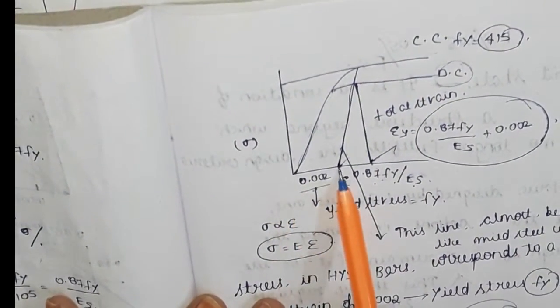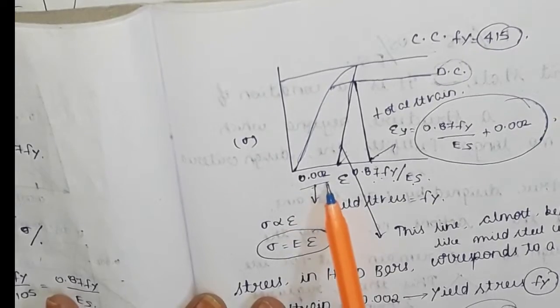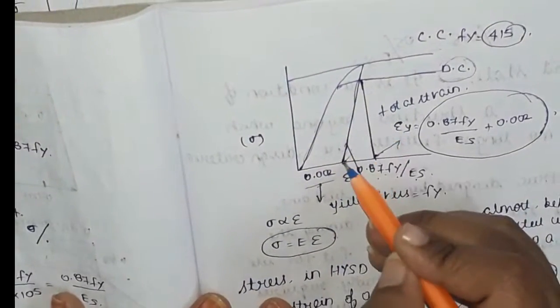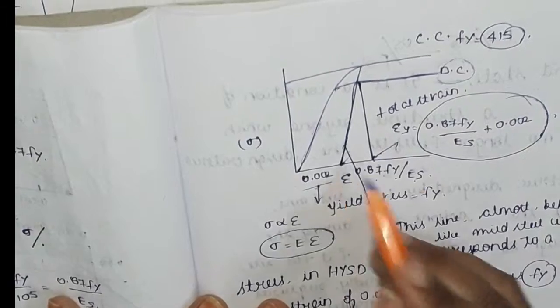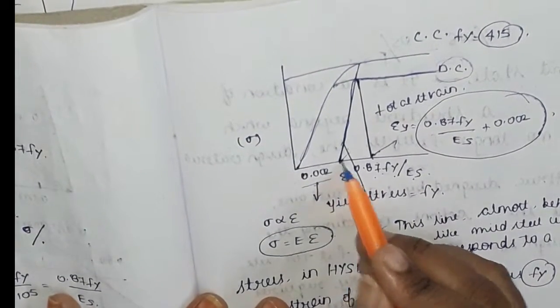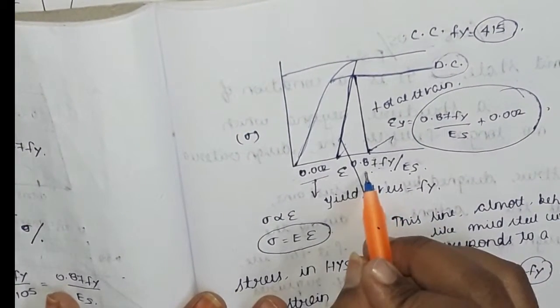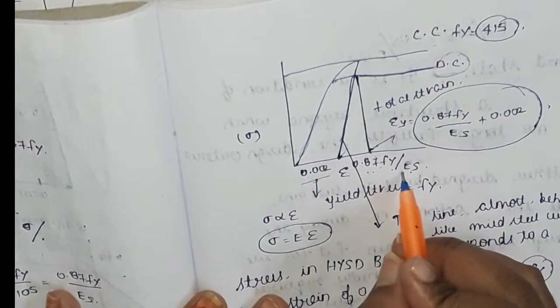Till here we are going to have a proof strain of 0.002, and thereafter this looks like the stress strain curve for mild steel. The stress strain curve for mild steel is going to have a value of 0.87 Fy by Es.